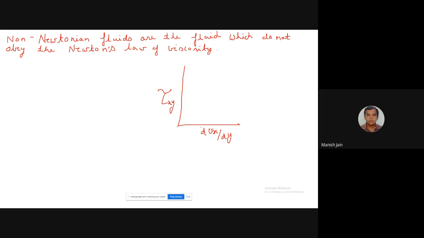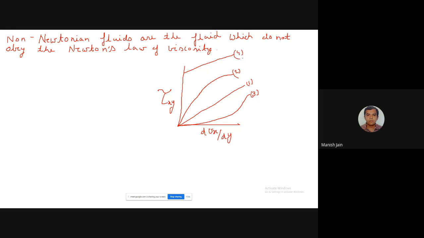For a Newtonian fluid, you will get a straight line passing through the origin, but sometimes you will find a graph which is not linear but passes through the origin like this. Sometimes you will find this type of graph, and sometimes you will find linear graphs which do not pass through the origin. So this is the first curve, the second curve, the third curve, and the fourth curve.